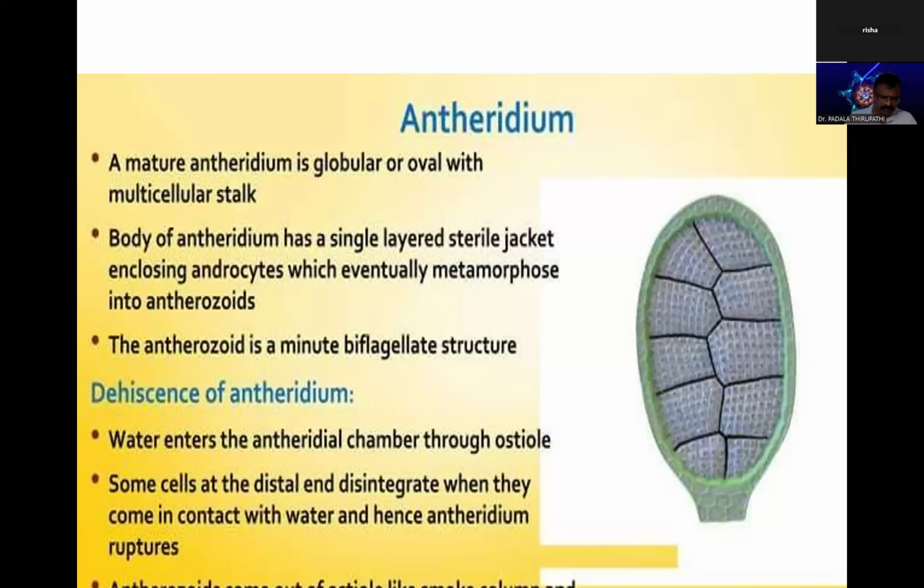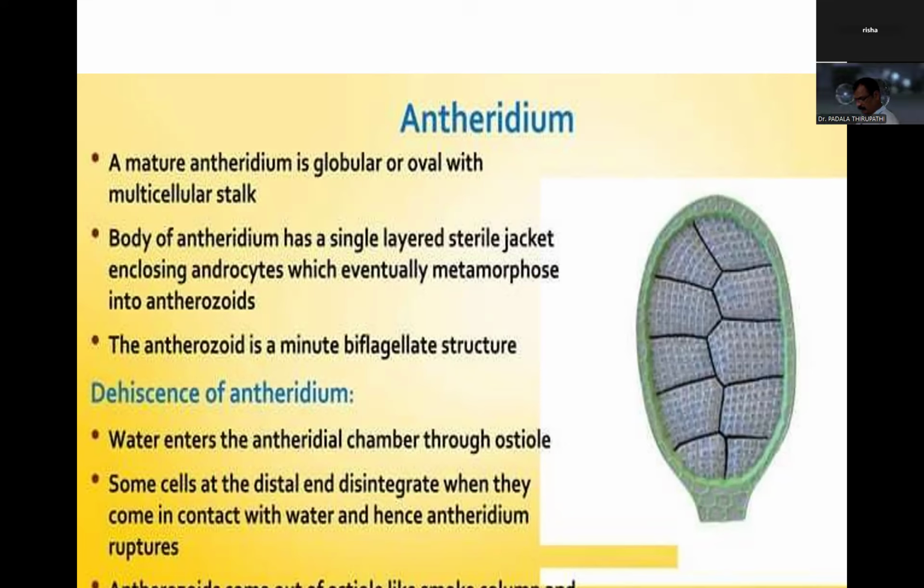Only in the presence of water can biflagellate antherozoids swim, so water is required. When water enters the antheridial chamber through the ostiole, by that time the antheridia are mature and are released. Along with water, they come out through the ostioles, are dispersed in water, and reach the archegonia.